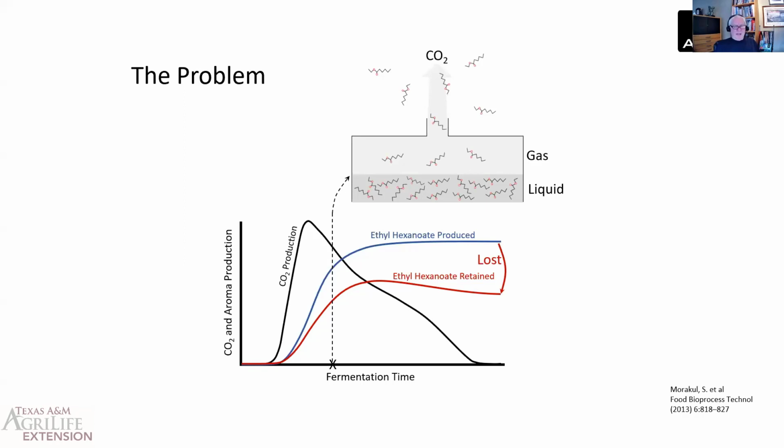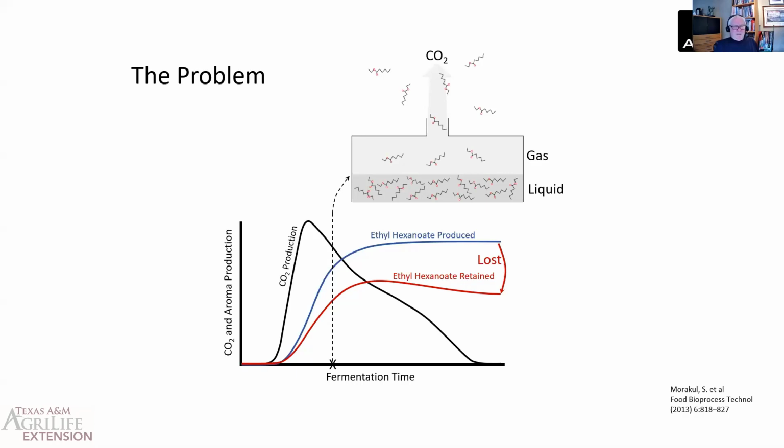Now, all volatile compounds are susceptible to this, some of them more than others. I give you the example of ethyl hexanoate. Well, that's just a moderately volatile aroma compound. There are aroma compounds much more volatile, and they are lost to a much greater degree. There are some that are not lost very much at all, like the fusel alcohols.